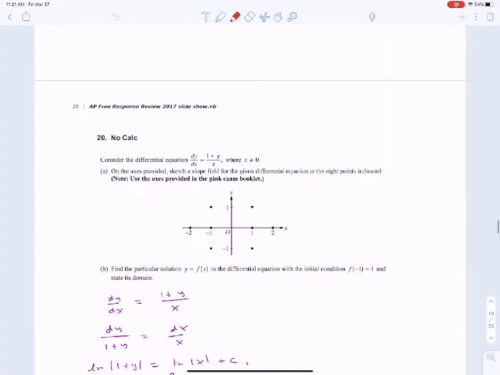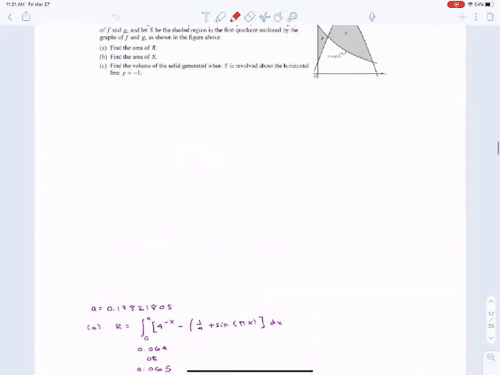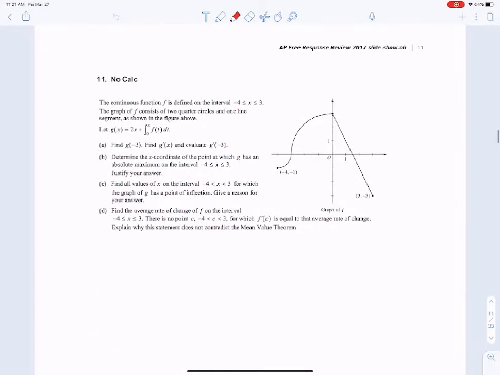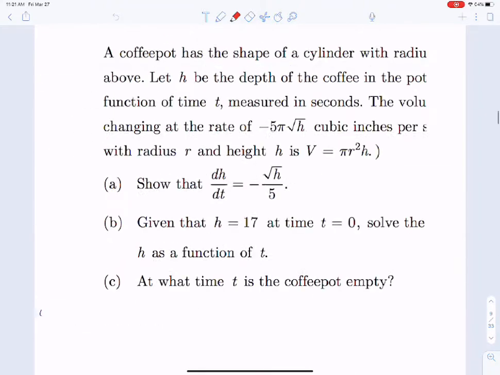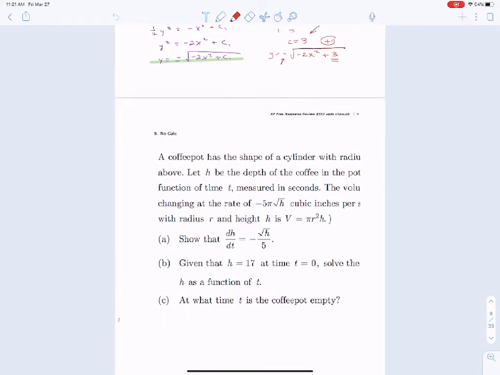I of course will put a summary of it when we get there, but we're going to be looking at, I want to say, number 9. Which again has to do with rate of change. I know that we're not always happy with rate of change problems, but that's what we're going to do for number 9.